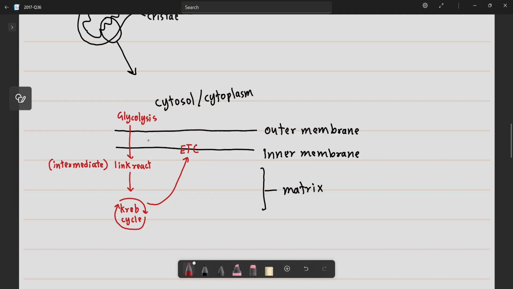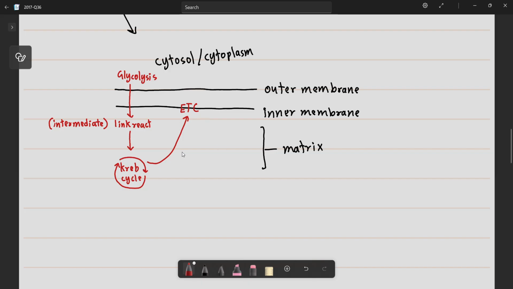In this step, the products from glycolysis are used in the link reaction to produce acetyl CoA, which will be fed into the Krebs cycle, and then at the end those reduced coenzymes that are made from the acetyl CoA are used in the ETC, which is oxidative phosphorylation.